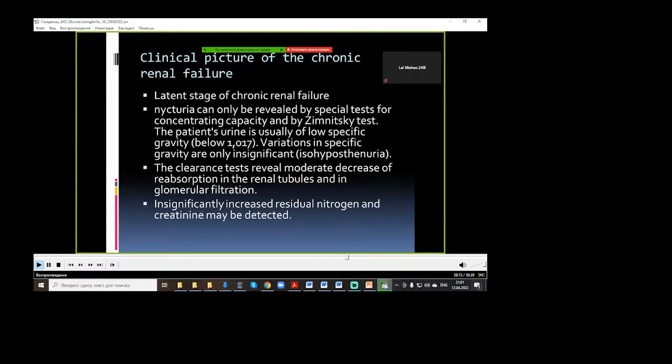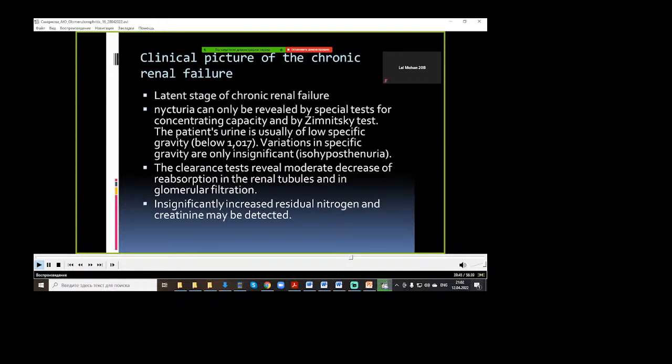It is characterized by the presence of nocturia, but nocturia can only be reviewed by special tests for concentrating capacity and by the Zimnitsky test. So revise your knowledge about this test from the previous semester. The patient's urine is usually of low specific gravity, and variations of specific gravity are only insignificant.